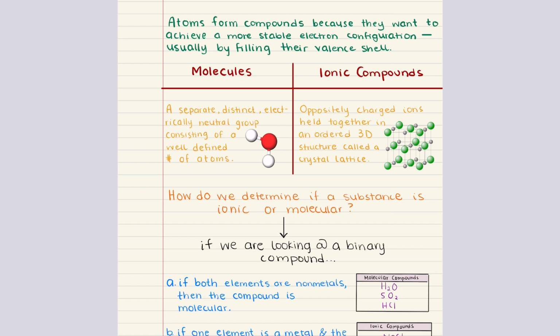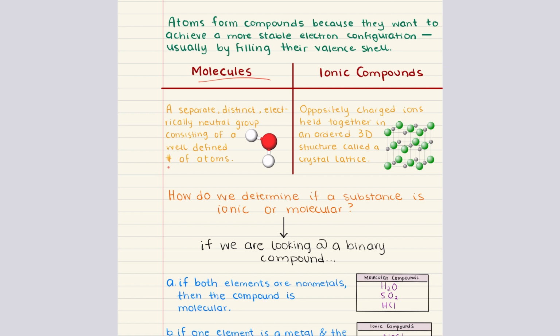This drive for stability is what leads to the formation of two major types of compounds: molecular compounds and ionic compounds. Molecular compounds, or molecules, consist of separate, distinct, electrically neutral groups of atoms that are held together by covalent bonds. These atoms share electrons, and there's no overall charge in the molecule.